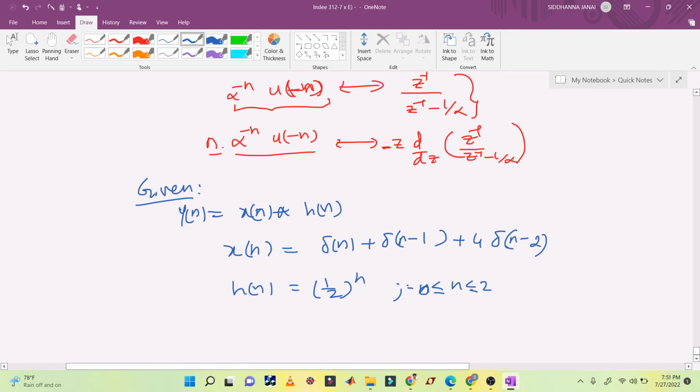Okay, this is our problem. Now what is 1 by 2 to the power n? For this the z transform we have to find out, and for x also we have to find out the z transform. So first let us find out x of z.